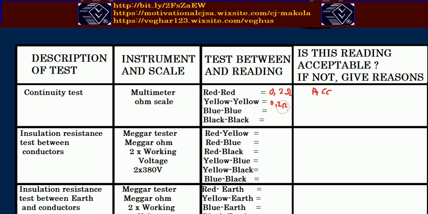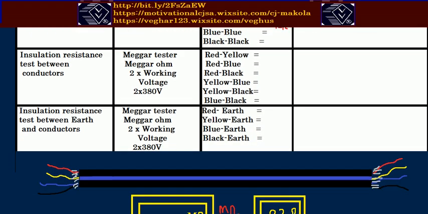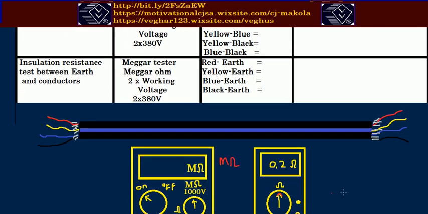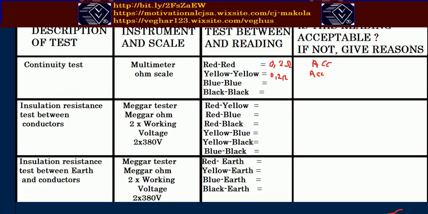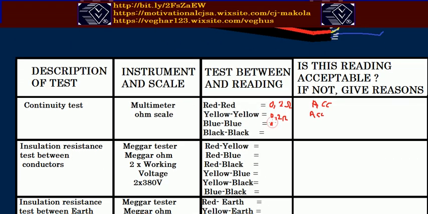We're testing the yellow one, not the red one, because we are using the red as a reference, because we know that the red is working well. It's the right conductor. Then we bridge the red, put it on red, and here we put it on blue. We are testing the blue, and when we get the reading 0,2, we write 0,2, then write acceptable.